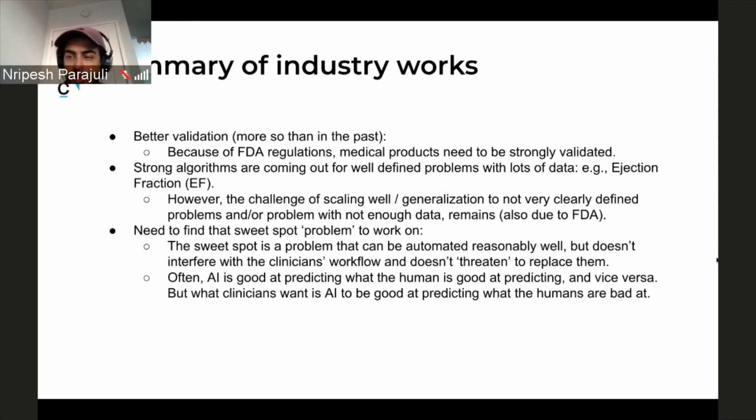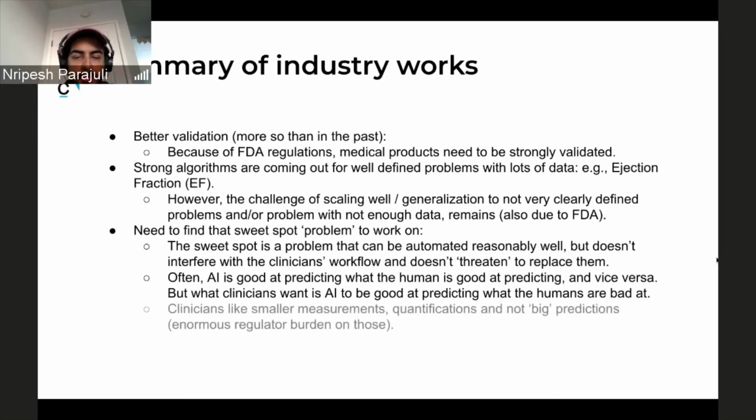Oh yeah, sorry. The last point is that clinicians like clear, precise, small measurements and quantifications, like what is the size of the aorta, what is the size of the LV, what is the ejection fraction. But if you start saying, oh, the LV is enlarged, and this patient may have, I'm just making stuff up, atrial fibrosis or something, then you're making a diagnosis.